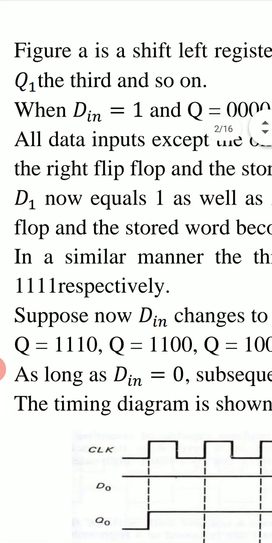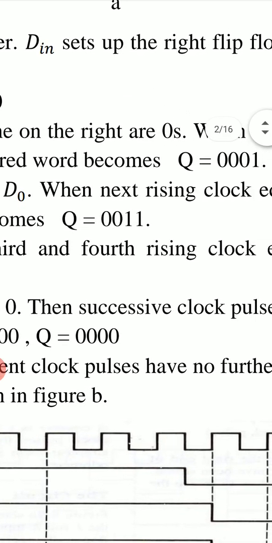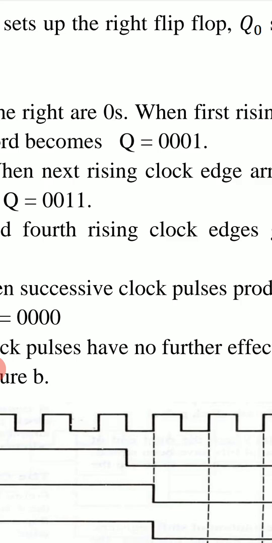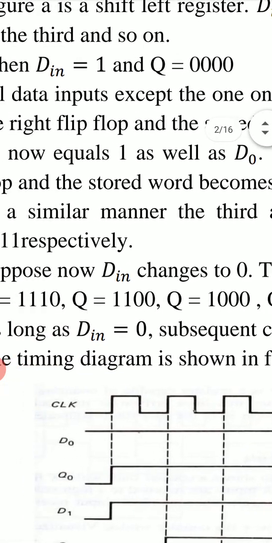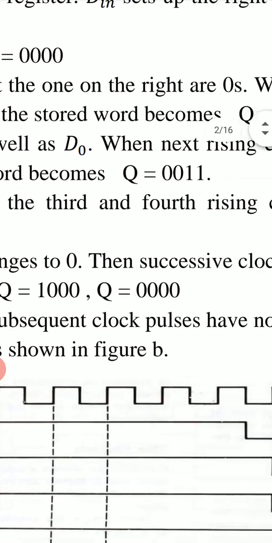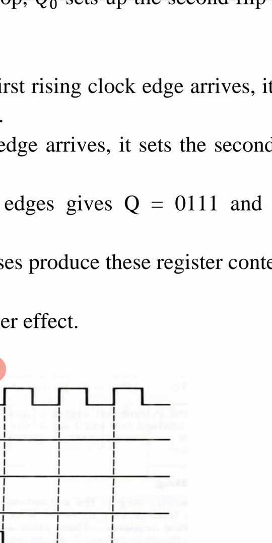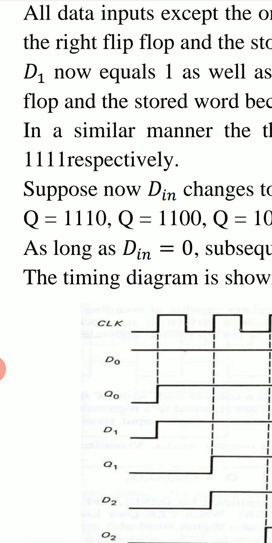So in the next positive clock edge, the output word Q becomes 0, 0, 1, 1. And similarly, when the next positive clock edge arrives, this word becomes 0, 1, 1, 1, and when another positive clock edge arrives, this word Q becomes 1, 1, 1, 1.